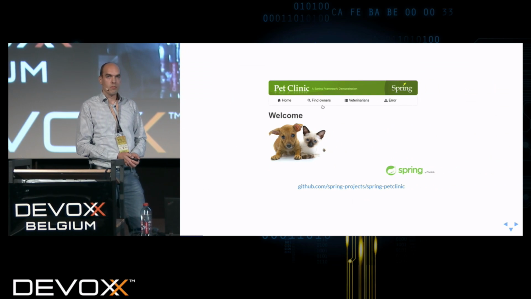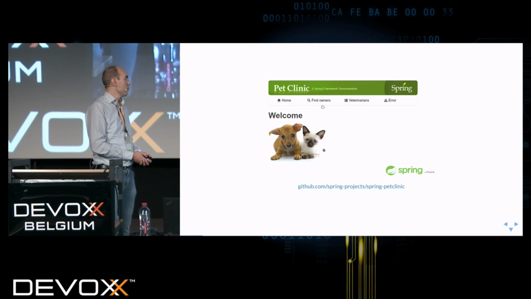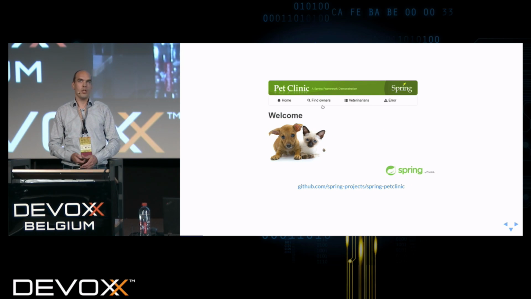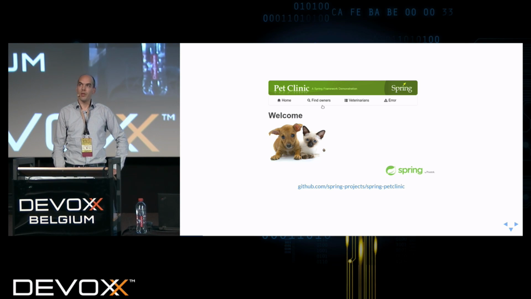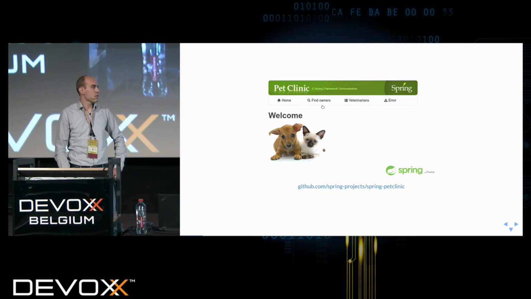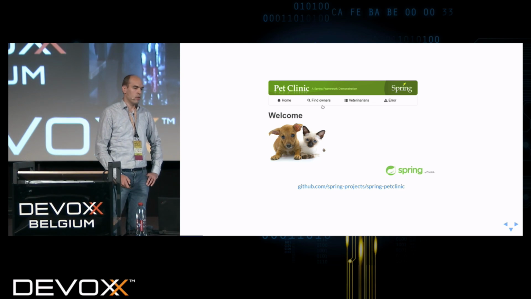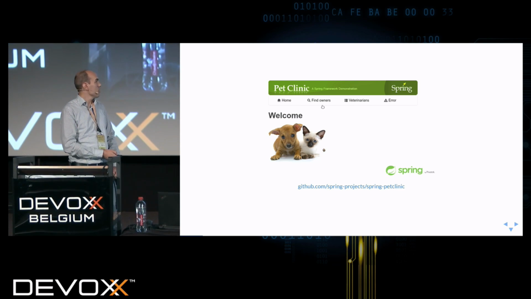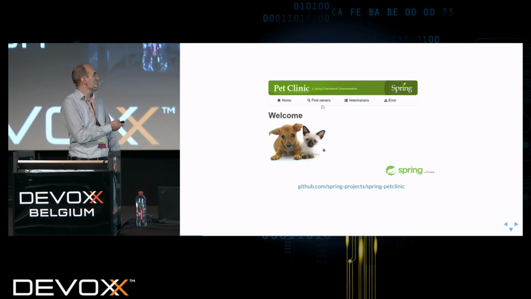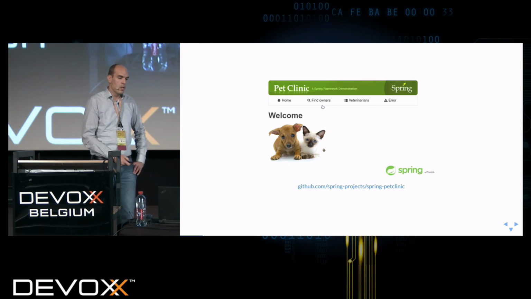To motivate first why you should use behavior-driven development, or maybe what's the current problem with standard tests, I would like to show you a small example. This is the pet clinic example from the Spring framework. It's a demo application which shows you the features of Spring.